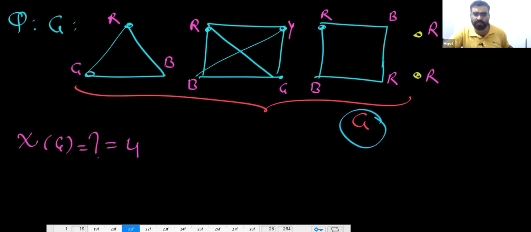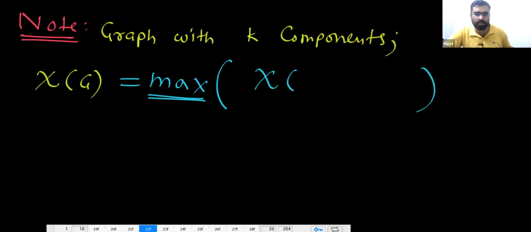So the chromatic number of this whole graph is the maximum among the chromatic numbers of all components. Just take the max of the chromatic number of components. Very simple, isn't it?